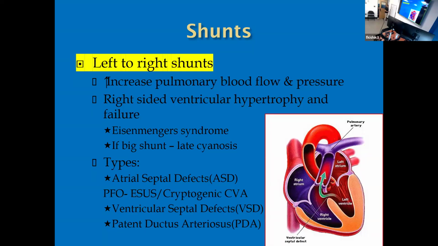So examples of these shunts is a PFO. A PFO is what I just described here, patent foramen ovale, which is incomplete closure of the foramen ovale, which when you take your first breath as an infant should close. But in natural fetal circulation, that stays open because in a fetus the lungs aren't used.